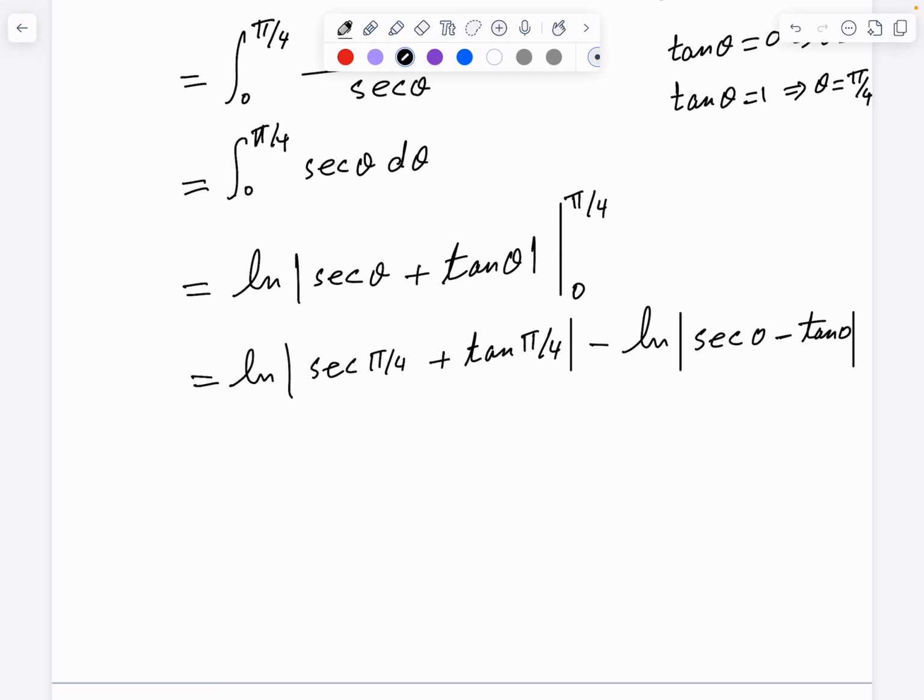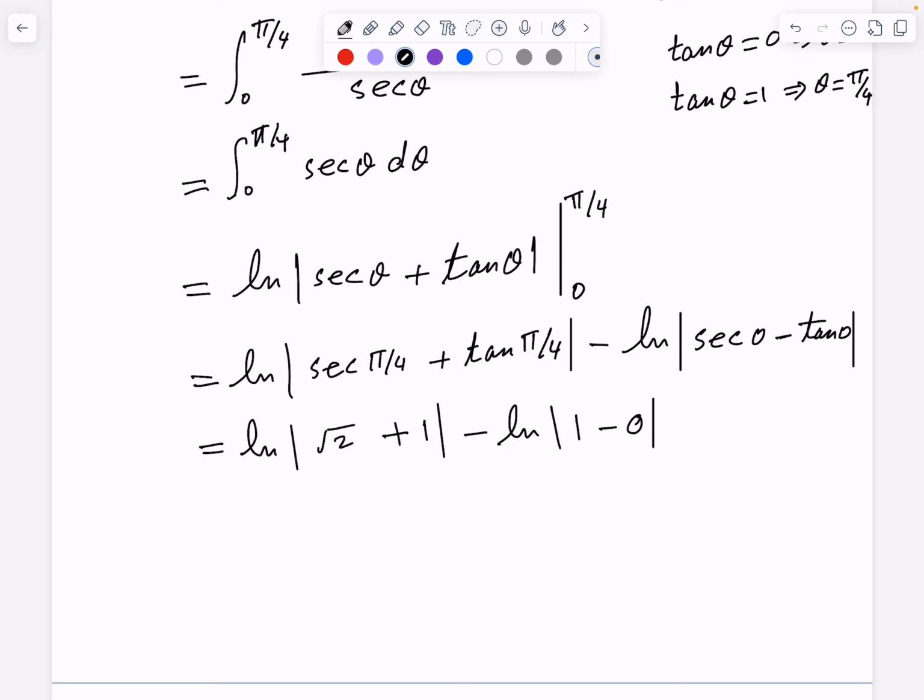So cosine pi over 4 is 1 over root 2, and the reciprocal of 1 over root 2 is square root 2, plus 1, minus ln of 1 plus tan of 0, which is 0.